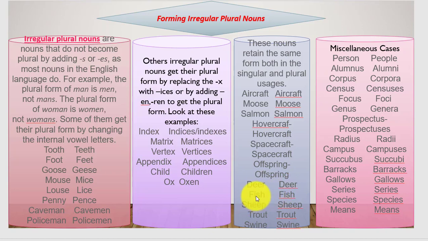You can make its plural if you refer to different kinds of deer, or fish. For example, you say there are many fishes in this ocean.